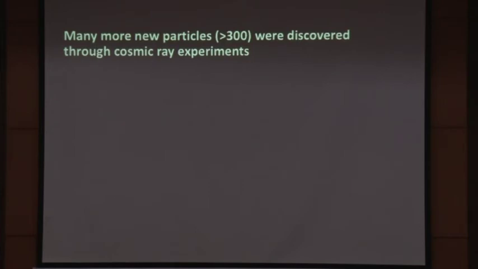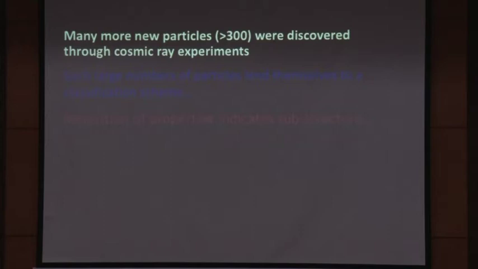And then many more new particles were discovered through the cosmic ray experiments, actually more than 300. Is it visible? Such a large number of particles tends to lend itself to a classification scheme, and this is a bit historic, in the sense that you can think of how Mendeleev organized the elements.